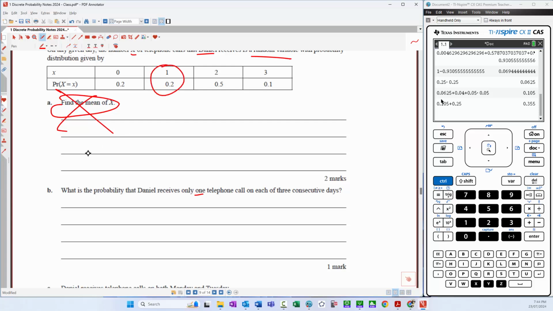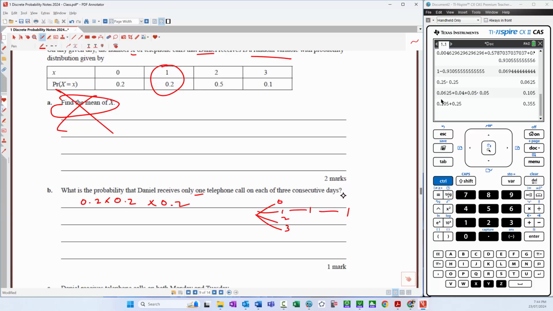What is the probability that Daniel receives only one telephone call on each of the 3 consecutive days? So we've got one telephone call happening on each of the consecutive days. So that's going to be 0.2 times 0.2 times 0.2. If you imagine the branches, we can get 0, 1, 2, or 3, and what he's basically doing is getting one phone call, and then one phone call.